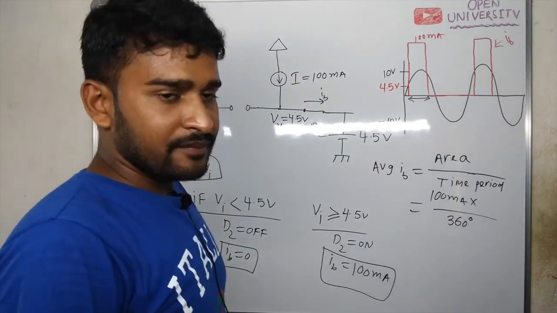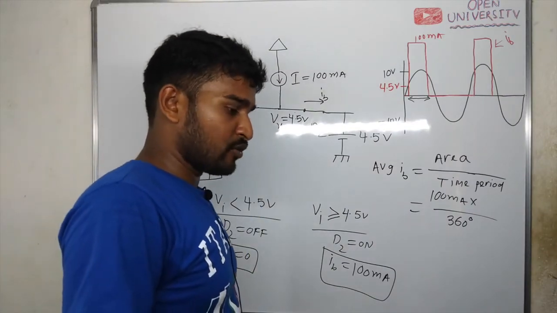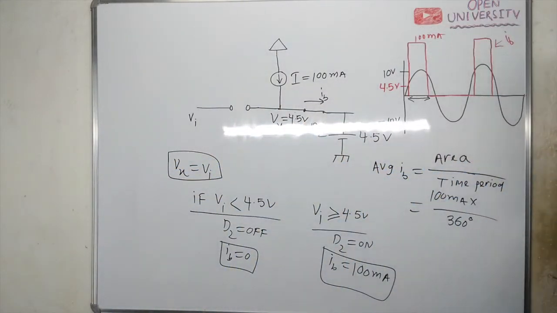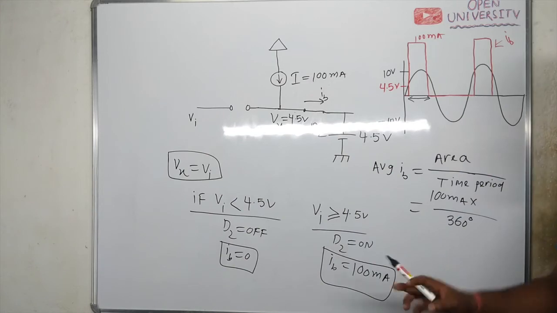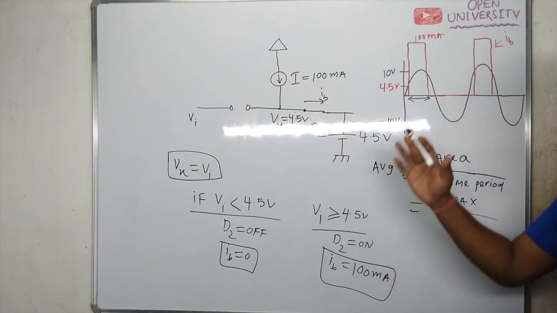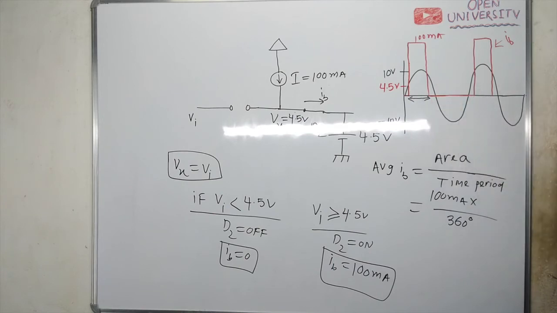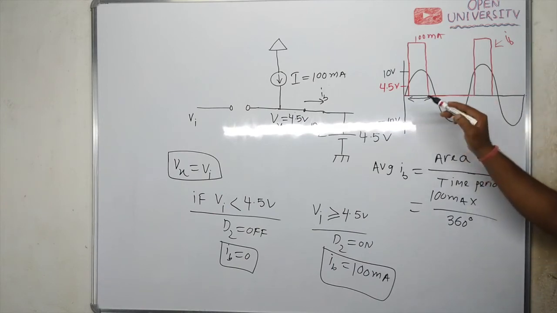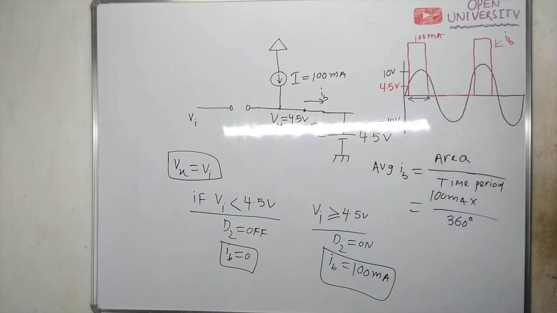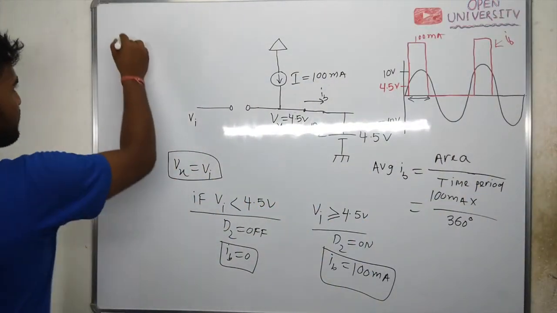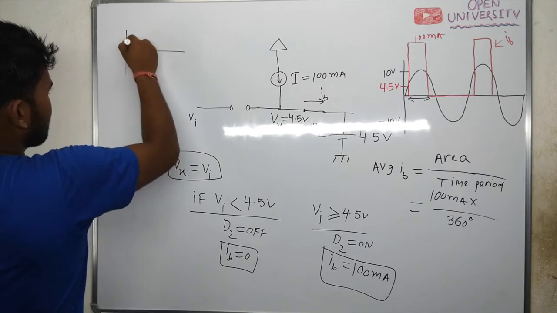While discussing half wave rectifier and full wave rectifier, I gave one formula for angle of conduction, that is 180 degree minus 2 theta for a half wave rectifier.